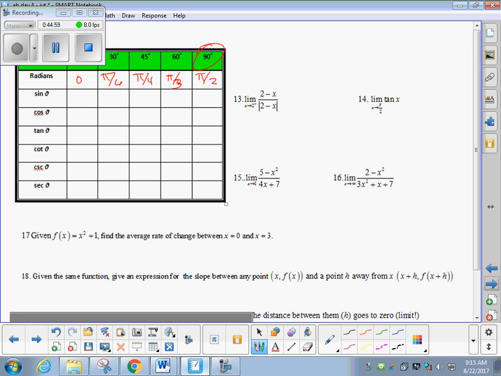Okay, here, what are the sine values? They start small and go bigger, don't they? Yes, so it goes 0, 1/2, root 2 over 2, root 3 over 2, all the way to its biggest value, 1. Why does sine get bigger as the angle gets bigger? Sine is defined as opposite over hypotenuse. What happens to opposite as the angle gets bigger?